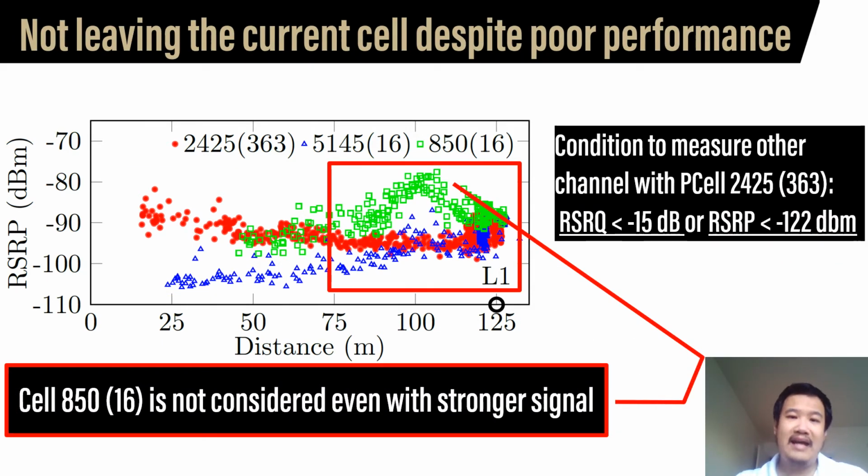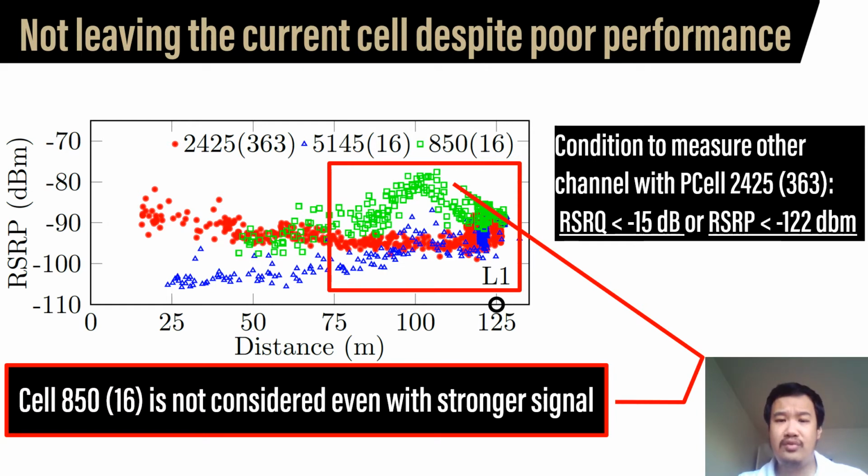Second, the legacy radio-based cell selection discourages leaving the current cell, although other cells have stronger radio signal quality. Here we can see cell 16 over channel 850 is stronger than serving cell 363 when the device moves closer to this test location.